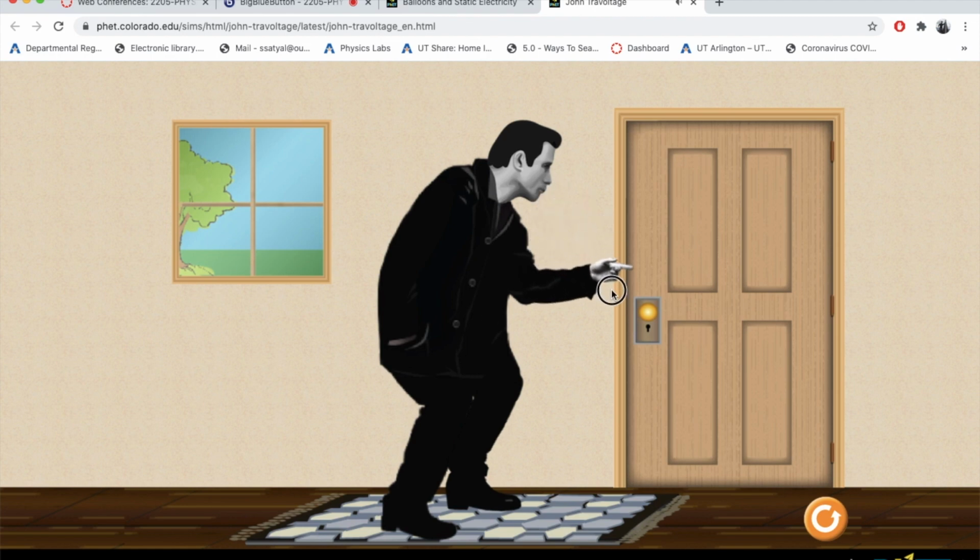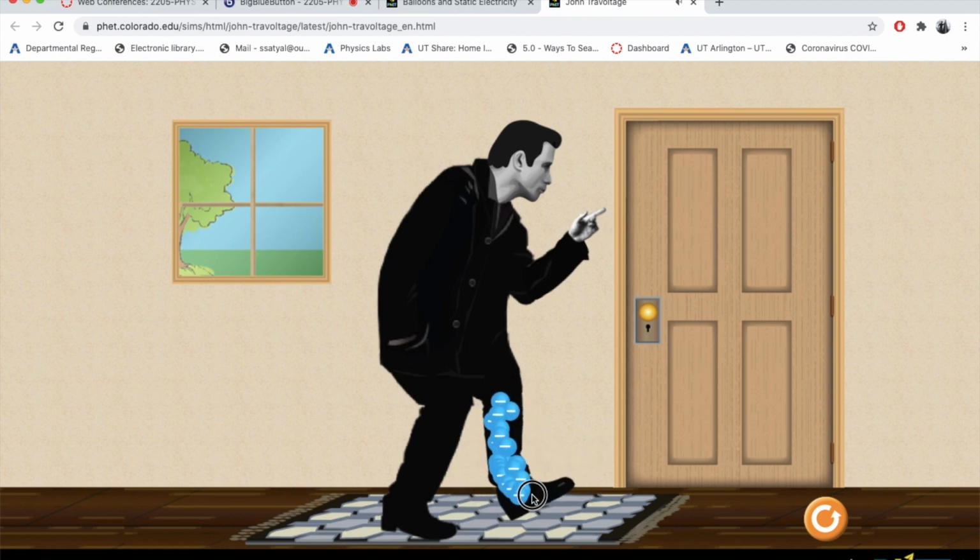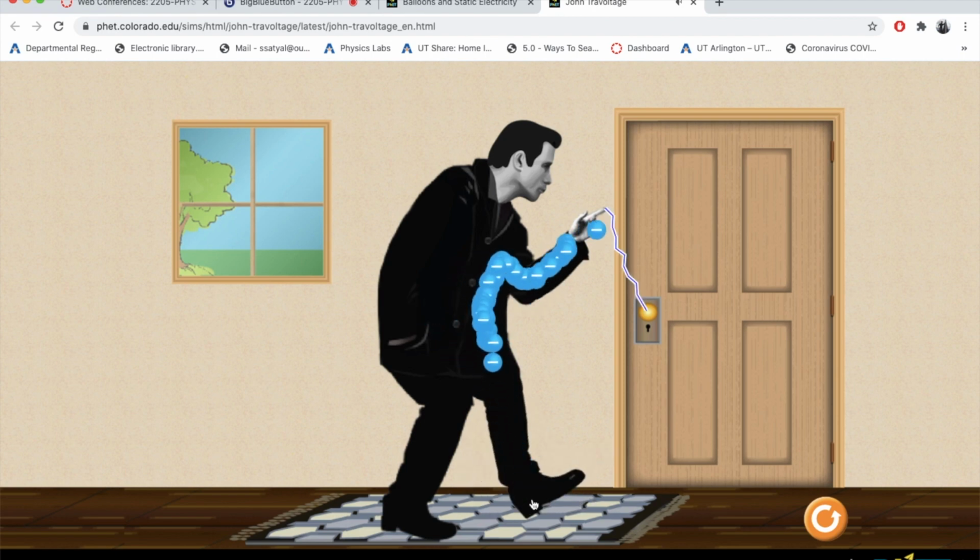Okay, and when the hand is very close to the knob, even with a small amount of charge, you see it passes through. But if you increase the distance, you would need more charge for it to discharge to the knob.